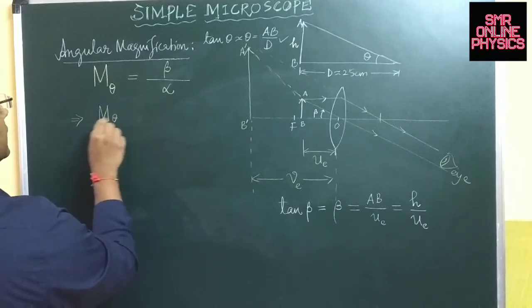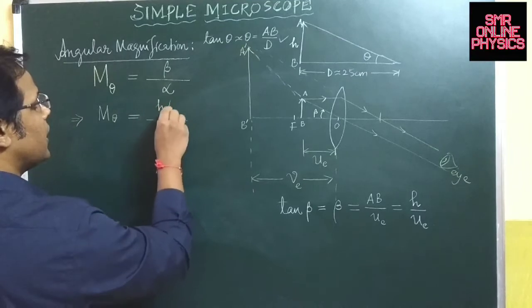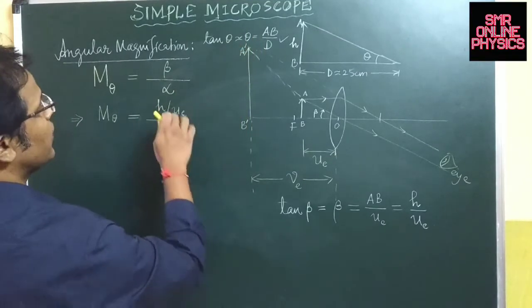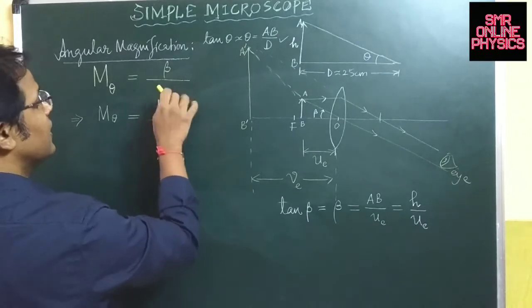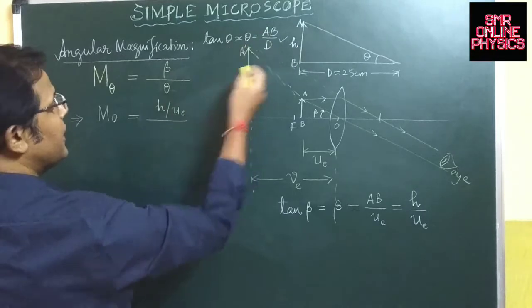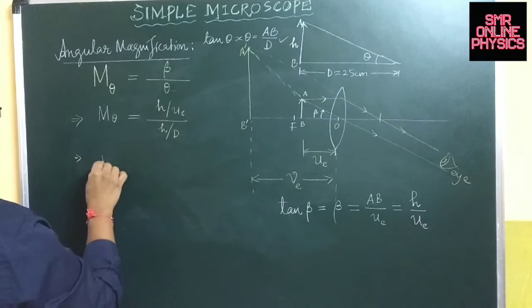So m theta should be equal to, what is beta we got here? H by UE, and theta we got, sorry, I wrote alpha here, that was my theta. Theta is equal to AB by D, so H by D. Please follow it carefully.